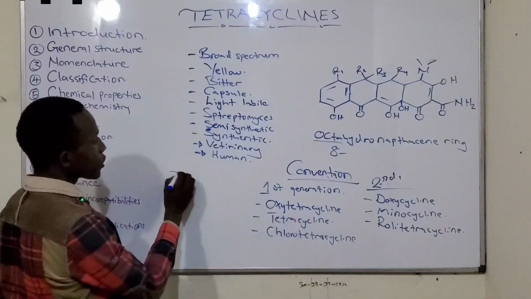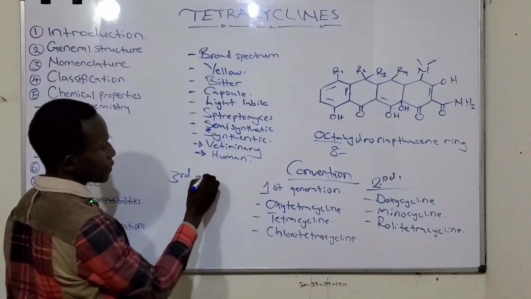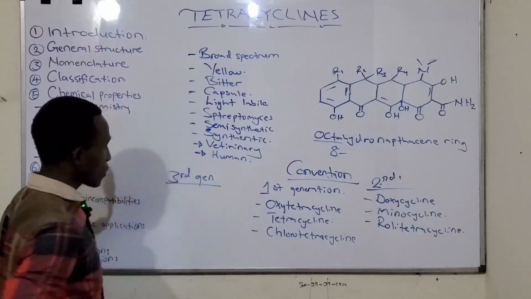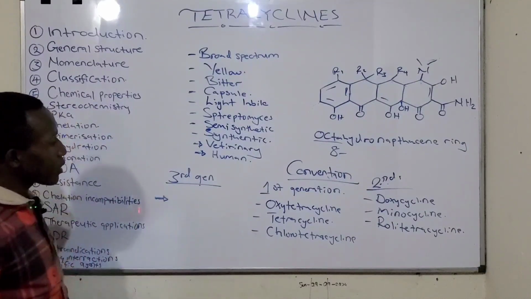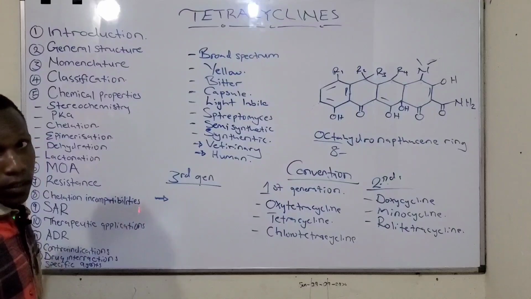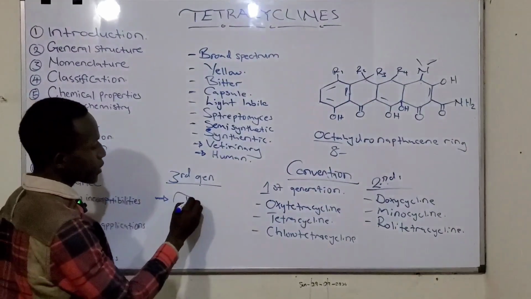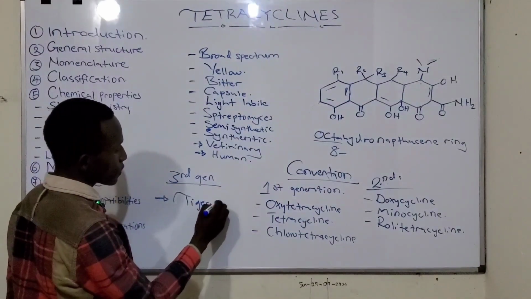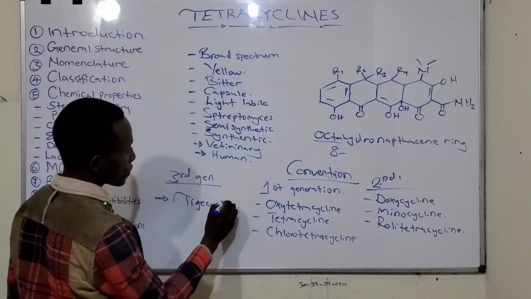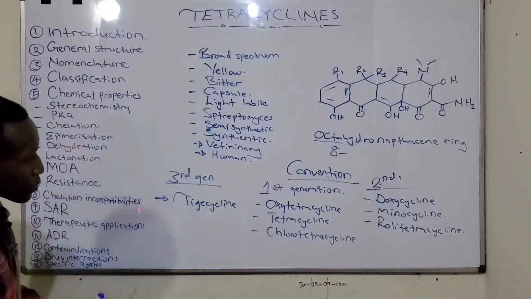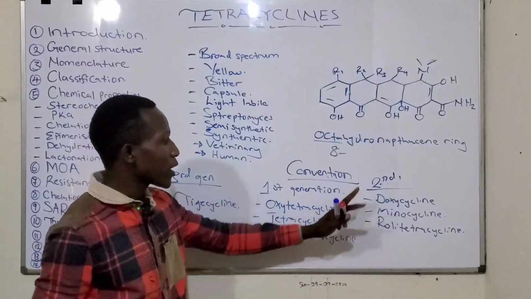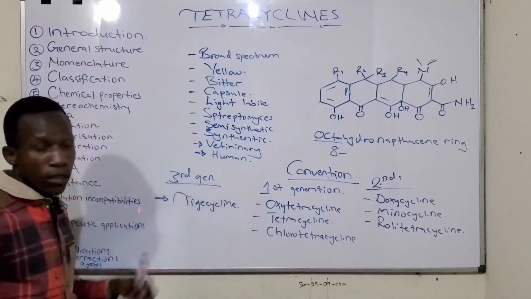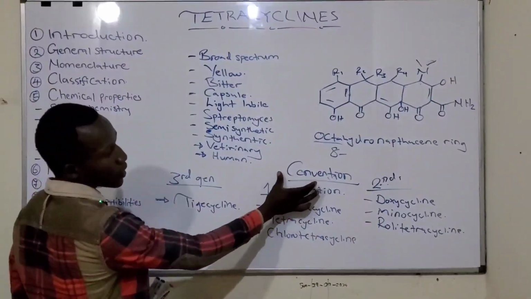Then in the third generation, we have the tetracyclines which are modified, or fully synthetic, for example tigecycline. We shall see all those modifications, why they removed this OH group to make these ones, and why they modified this one to make tigecycline. This is one of the classifications.